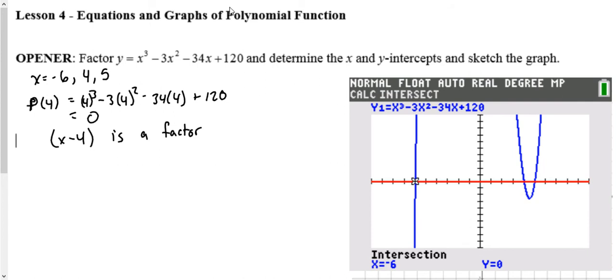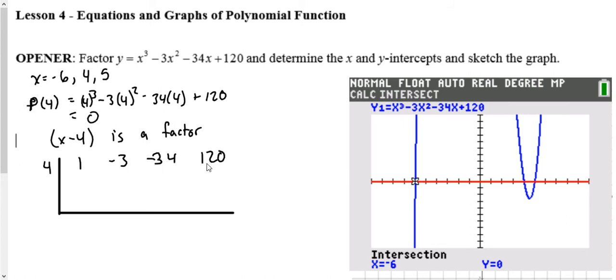And because it is a factor, I can use synthetic division to figure out what my equation is going to look like after the factoring. So again, I have 4 right here. My coefficients were 1, -3, -34, and 120.